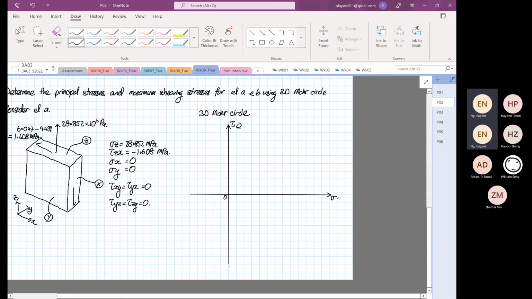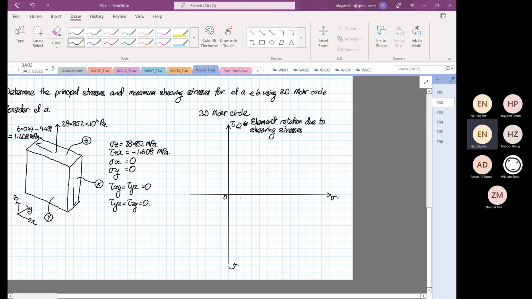This is 0. Element rotating anti-clockwise below. This arrow shows element rotation due to shear stress, or shearing stress.